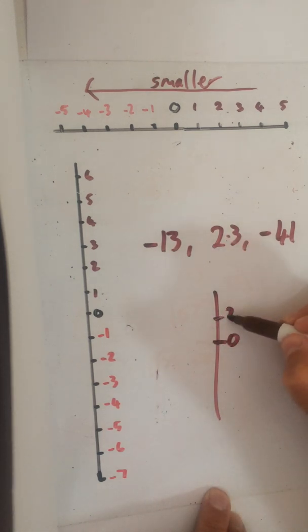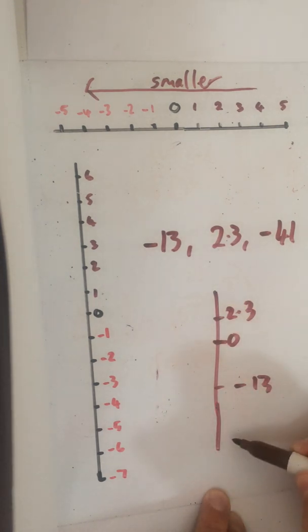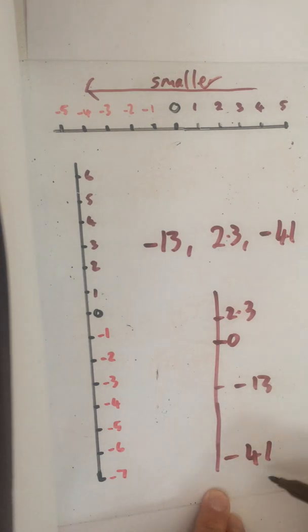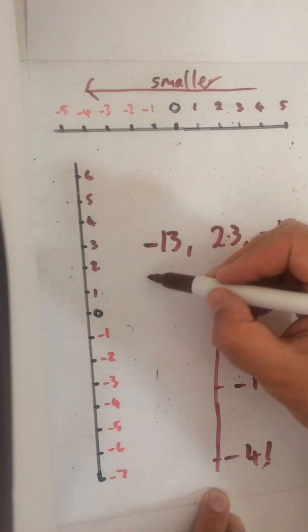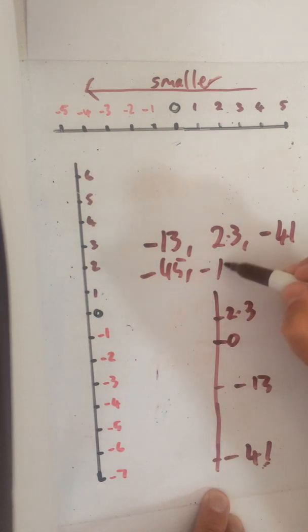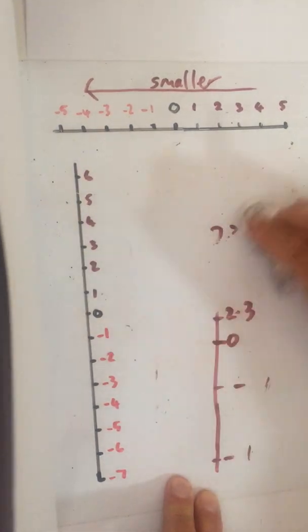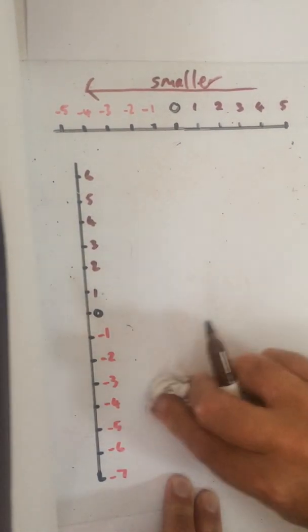My 2.3 is going to be above here, it's above freezing. My -13 is going to be somewhere down there, and then much further along my -41 is going to be there. So -41 is the smallest. If I'm putting them smallest first, it'd be -41, -13, and 2.3. Some of us will already know this, but I'm just going over it as a reminder.